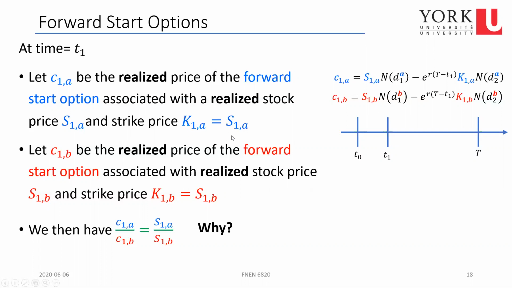Because of this realized S1A, there is a price C1A, okay? And for scenario B, there must be a realized price S1B and an associated K1B. And this S1B then drives the price C1B.